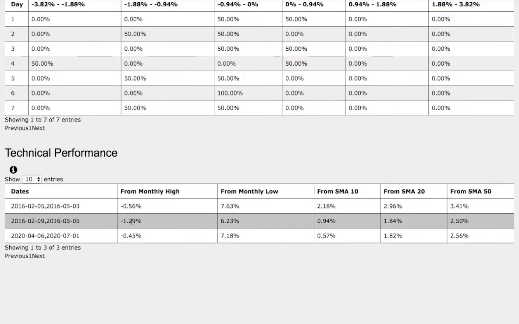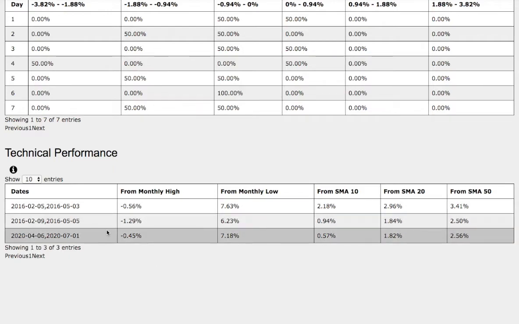Back then, gold futures was down 1.3% from monthly high, up 6% from monthly low, up 94 basis points from 10 simple moving average, up 1.8% from 20-day simple moving average, and up 2.5% from 50-day simple moving average. So among the two trends that we're comparing, there are technical similarities.